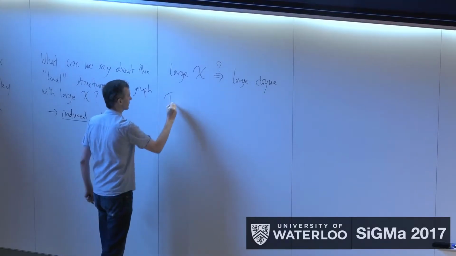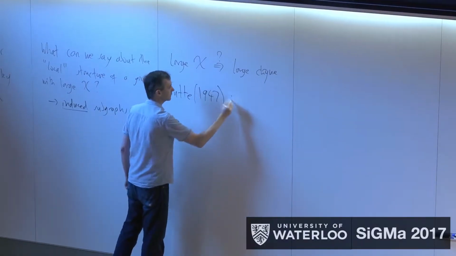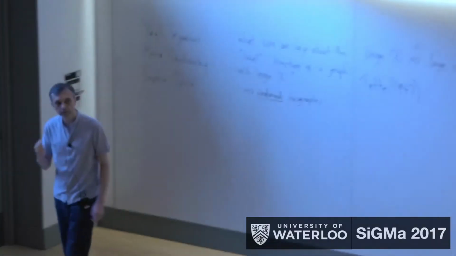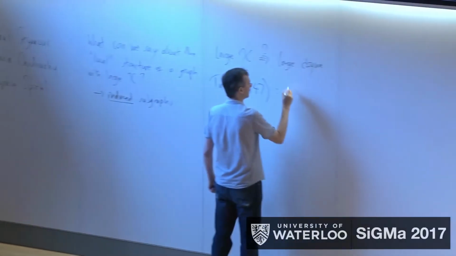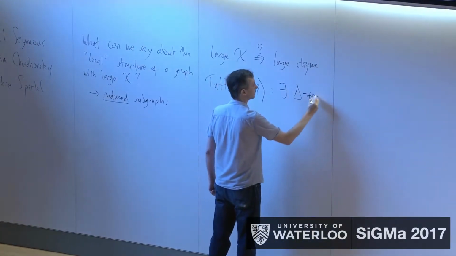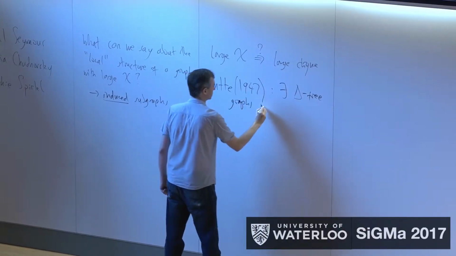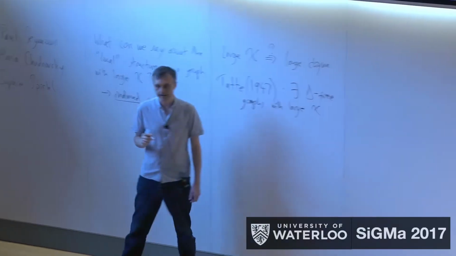Here's the Tutte connection. Tutte in 1947 constructed triangle-free graphs with large chromatic number. So there exist triangle-free graphs with large chi.